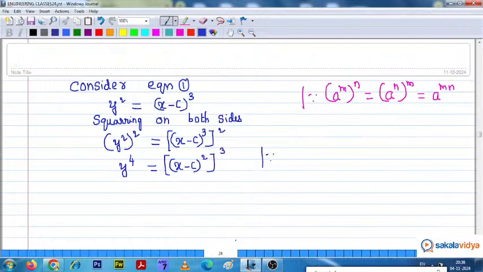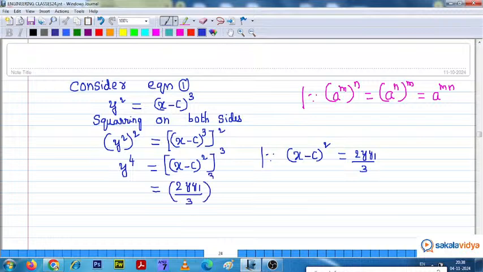So x minus c whole square is equal to 2y y1 upon 3. Let us substitute x minus c whole square by 2y y1 by 3. What do you get now here? 2y y1 upon 3 whole cube.